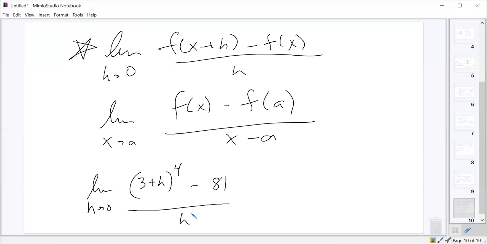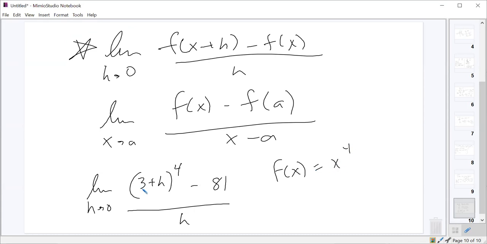And while this is not that difficult to solve using L'Hopital's rule, what they are really hoping you will do, and what will make your life a little easier, is to use the limit definition of the derivative and say, well, this is the function f of x equals x to the 4th.